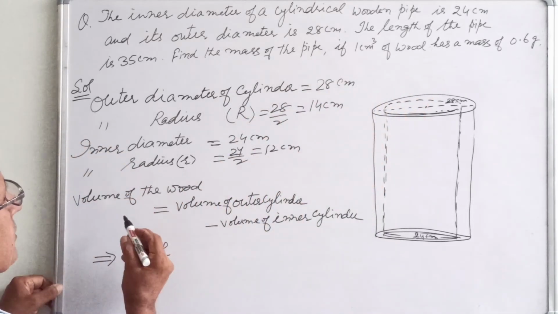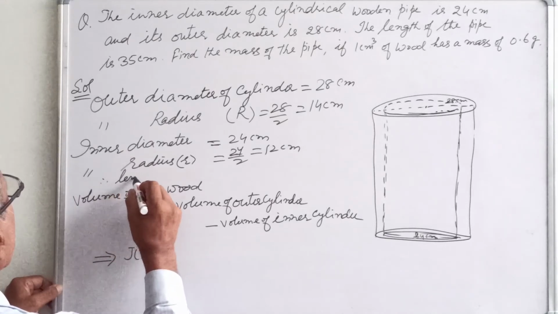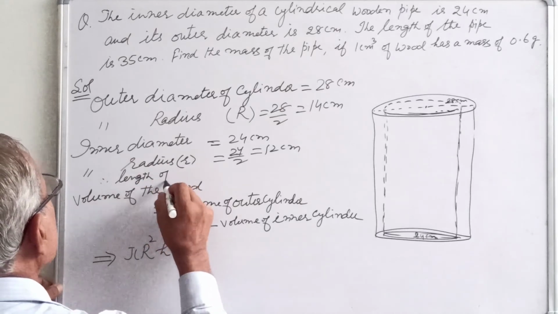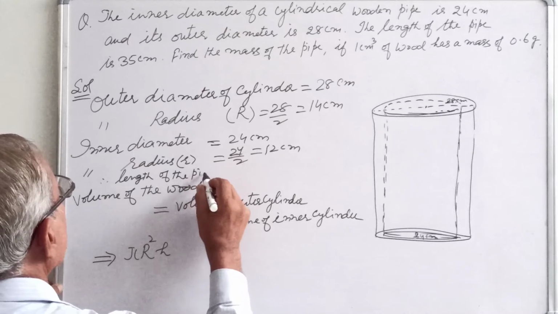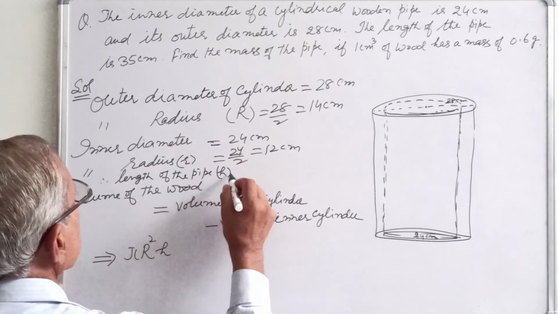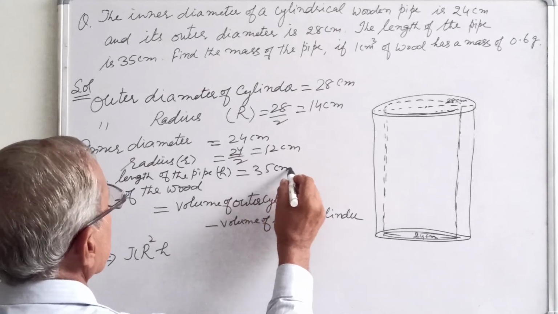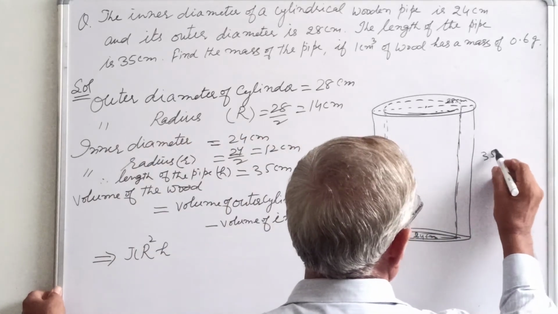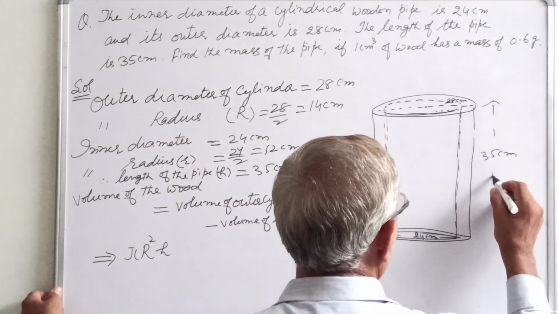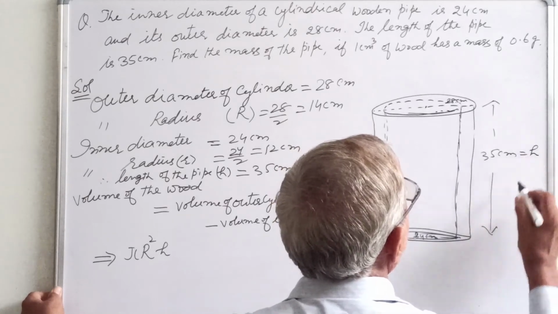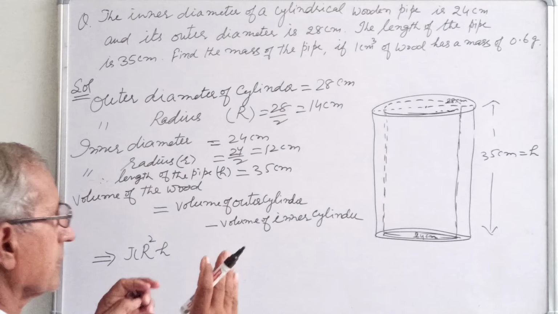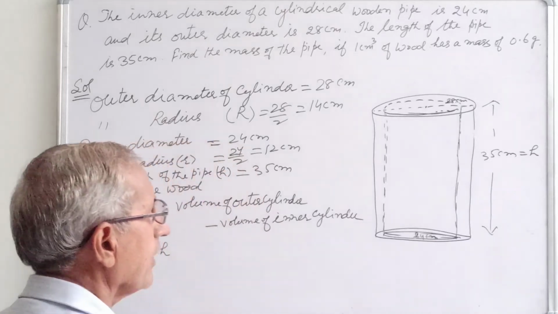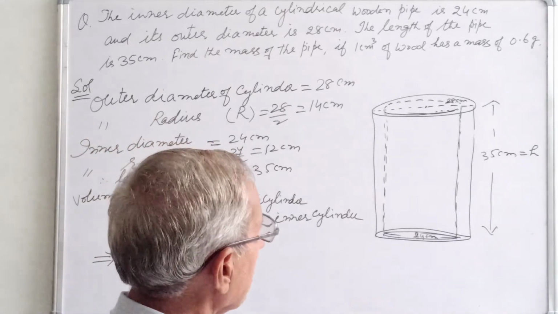The length of the pipe, H, is 35 centimeters. This is the H. When we keep the cylinder in the upright position, that is called height. And when we place it in the horizontal position, then it becomes the length.